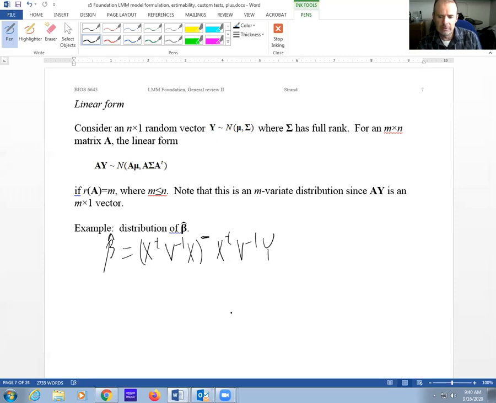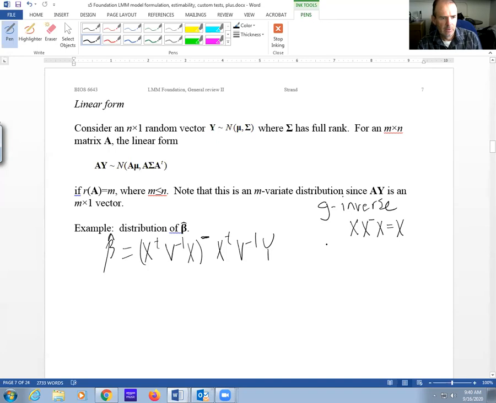For a generalized inverse, I'll write this because I was going to get here anyway, we know that this always holds for a G inverse.